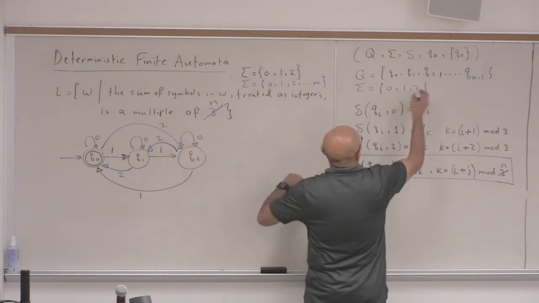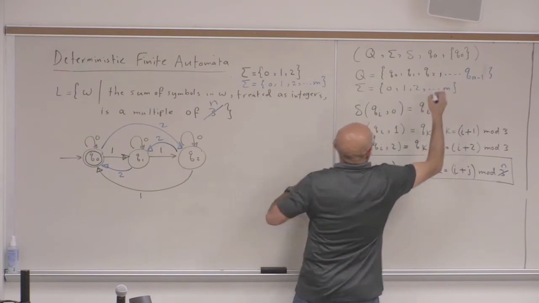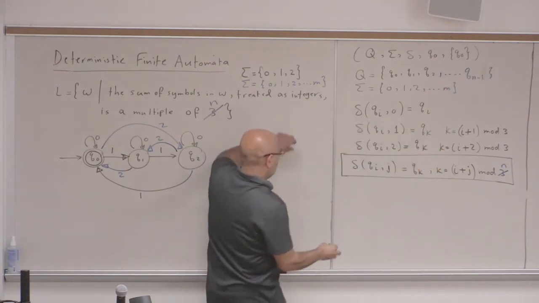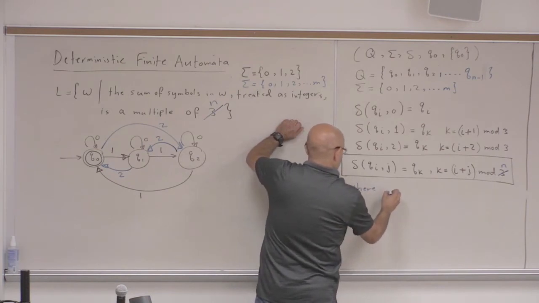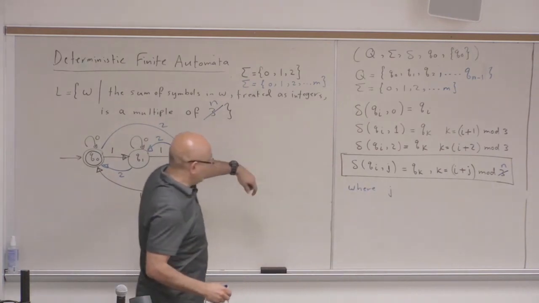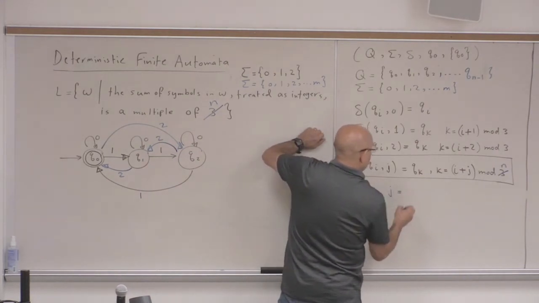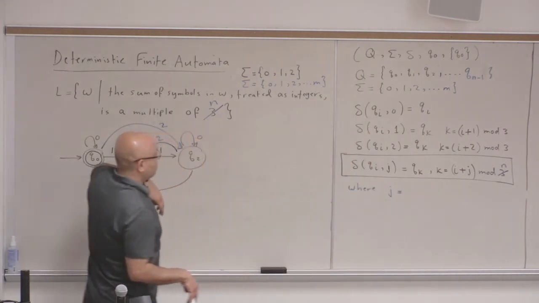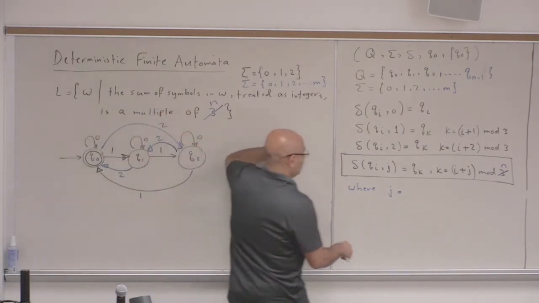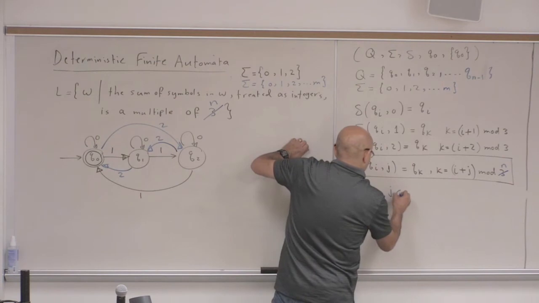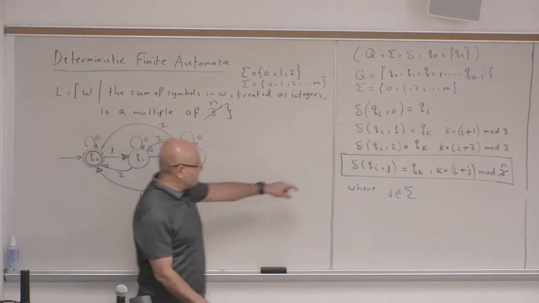And this sigma is going to be 0 through m, and j is a symbol in the alphabet, so j must belong to sigma. j belongs to sigma. j is a symbol in the alphabet.